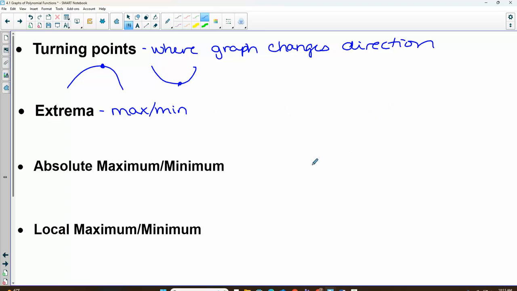Okay, so there's two types of maximums and minimums. There's absolute and local. Absolute is the highest or lowest on the entire graph.